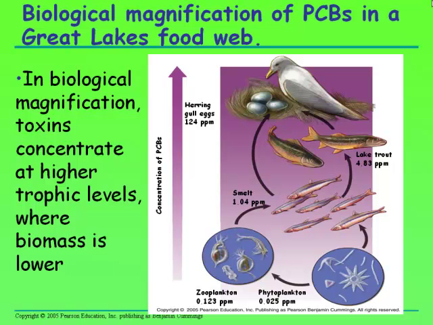So you can see phytoplankton 0.025 parts per million, zooplankton that consumes the phytoplankton 0.123 parts per million, smelt that consume the zooplankton, PCBs becoming even more concentrated with 1.04 parts per million, lake trout consuming the smelt 4.83 parts per million, and also smelt consuming the phytoplankton, and then herring eggs, gull eggs, 124 parts per million concentration of PCBs.